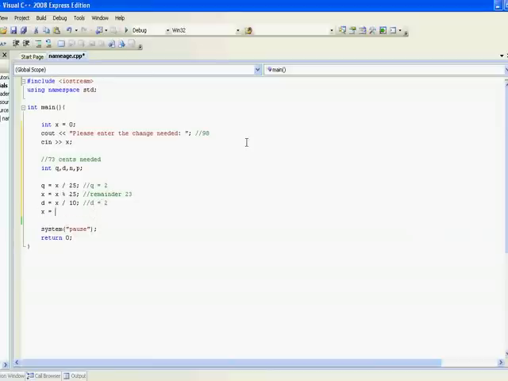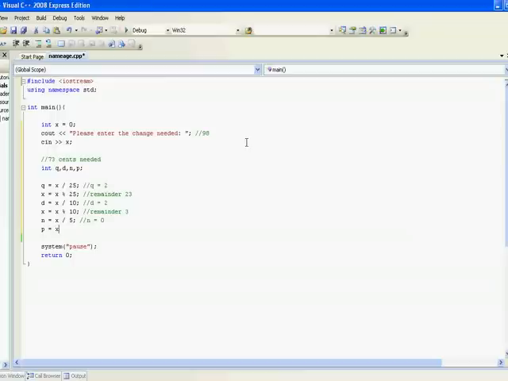So the remainder, since now the x is only 23, 23 mod 10 has a remainder of 3. So the nickel value is again obtained by x divided by 5. But you don't need nickels. Why? Because there's only 3 cents left. So your pennies now, or the remainder, is x mod 5. So here, the penny value equals 3.